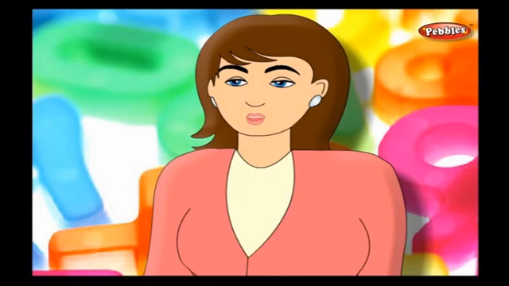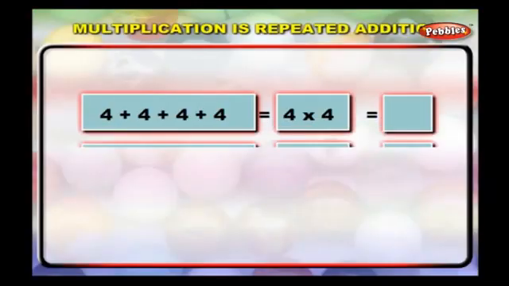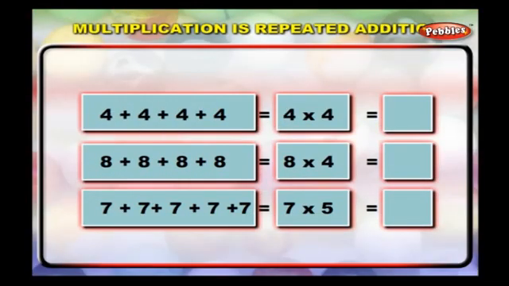Let us see some examples for multiplying single-digit numbers which do not involve carry over. 4 plus 4 plus 4 plus 4 is equal to 4 into 4, which is equal to 16. 8 plus 8 plus 8 plus 8 is equal to 8 into 4, which is equal to 32. 7 plus 7 plus 7 plus 7 plus 7 is equal to 7 into 5, which is equal to 35.